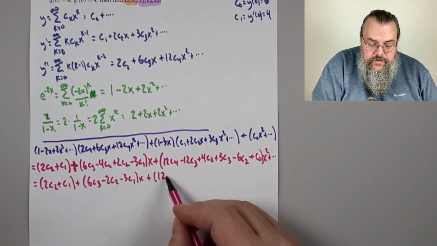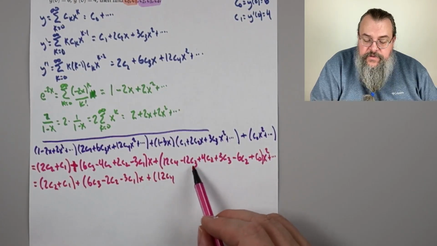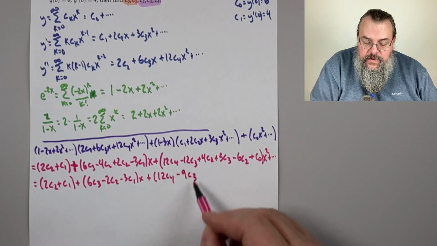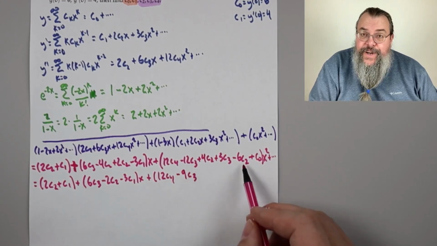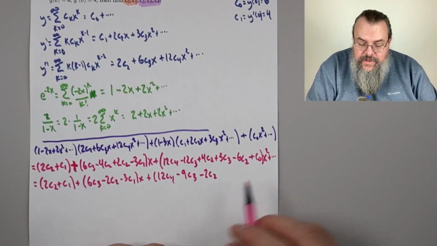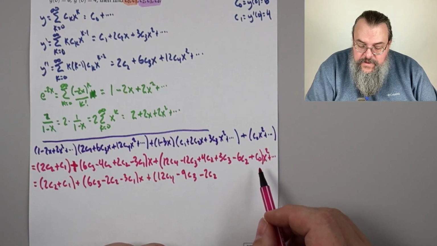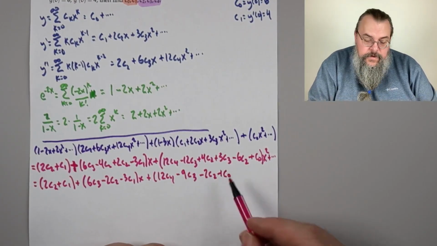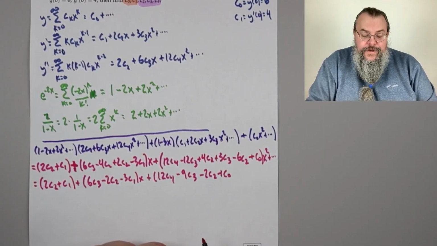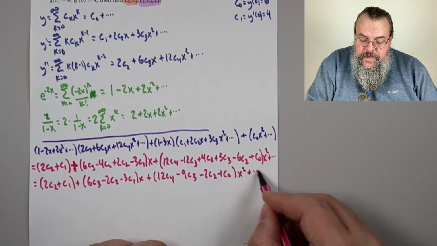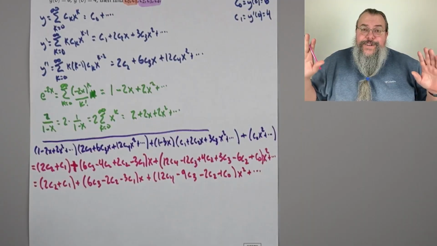Here we have 12c4 minus 12c3 plus 3c3 minus 9c3 plus 4c2 minus 6c2 minus 2c2, and then a c0. Yeah, I was like, there's no c1? Yeah, there's no c1. Doesn't have to be. All right, great. And that's times x squared. And then everything else is higher order. We don't care about it.